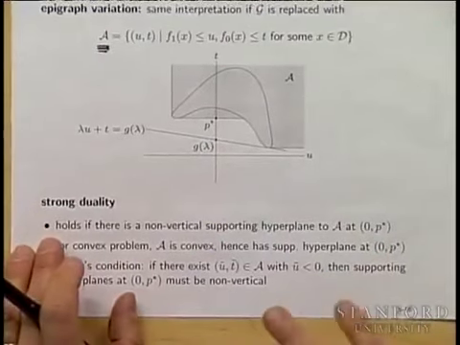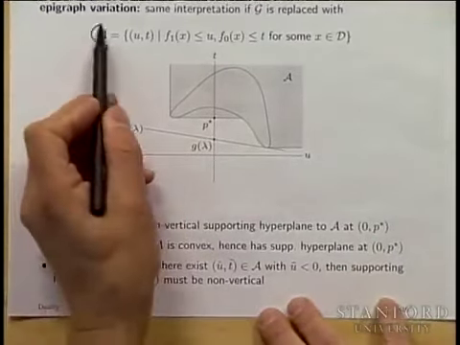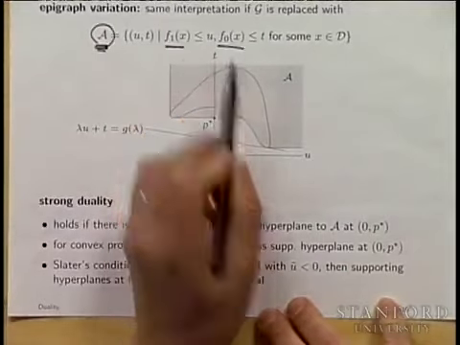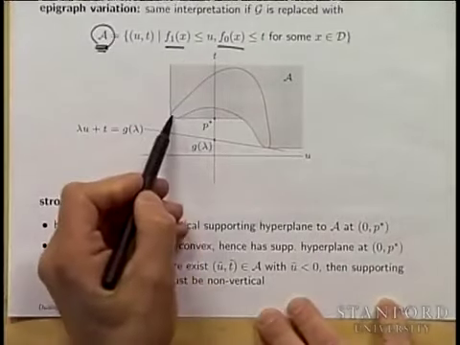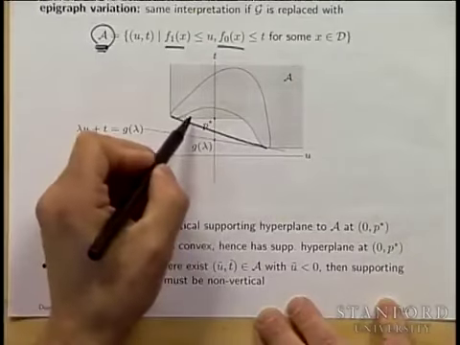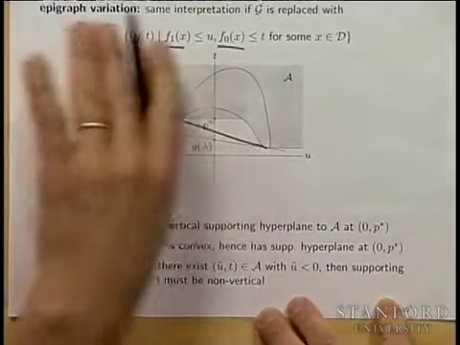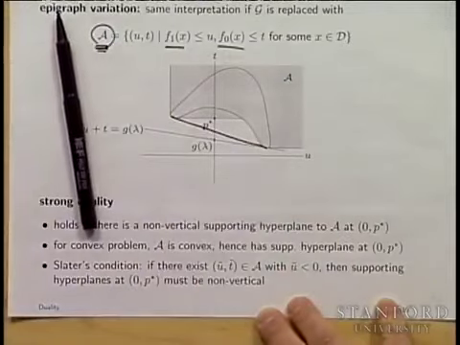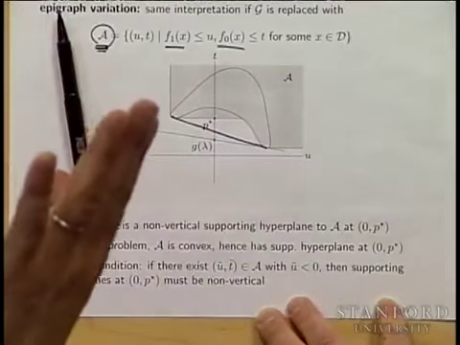And now you can see A will actually be convex if that's convex and that's convex. So A will have to look like this. Slater's condition says that somewhere A goes a positive amount into the left side. Because otherwise you can get weird.